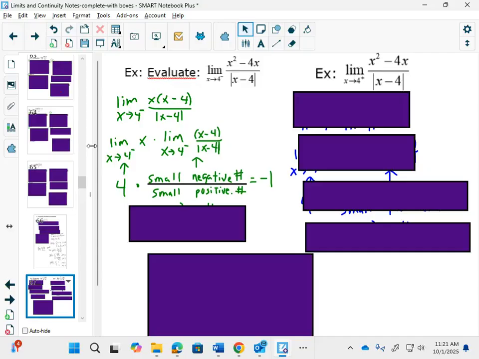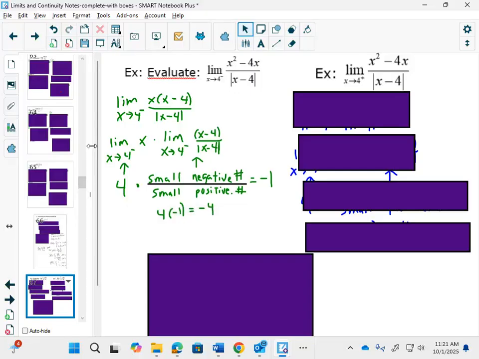And this will be a small negative number divided by a small positive number. And this would just be 4, right? If you're going close to 4 of x, you're going to get close to 4.